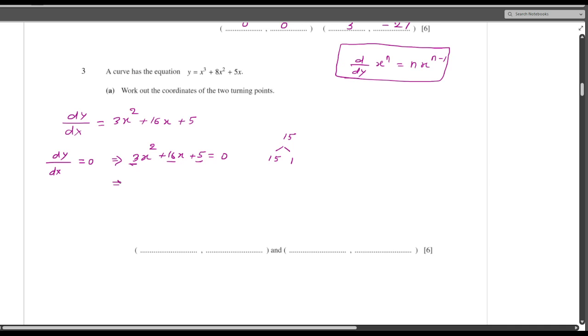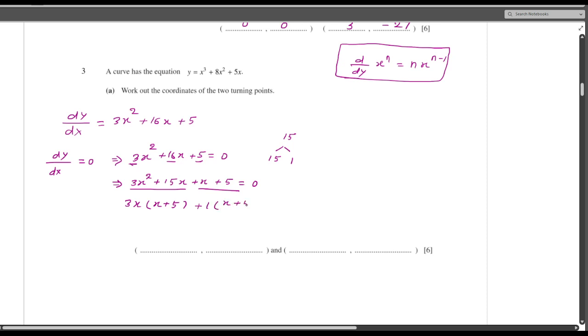So I write 3x squared plus 16x, which I split as 15x plus x, and plus 5 as it is. From the first two terms you can take 3x common, so x plus 5 remains, and here it is x plus 5, so I take 1 common.